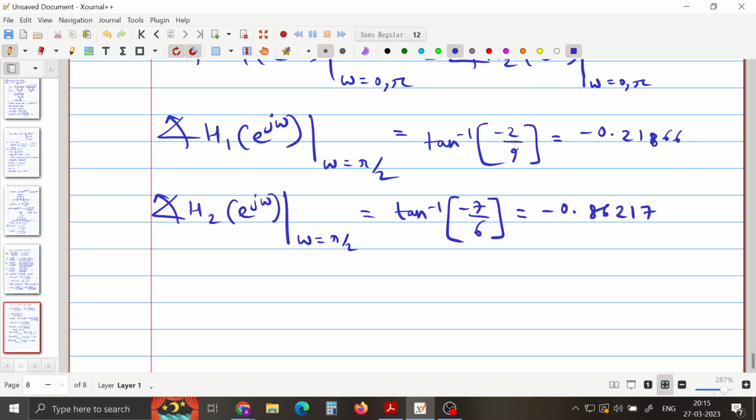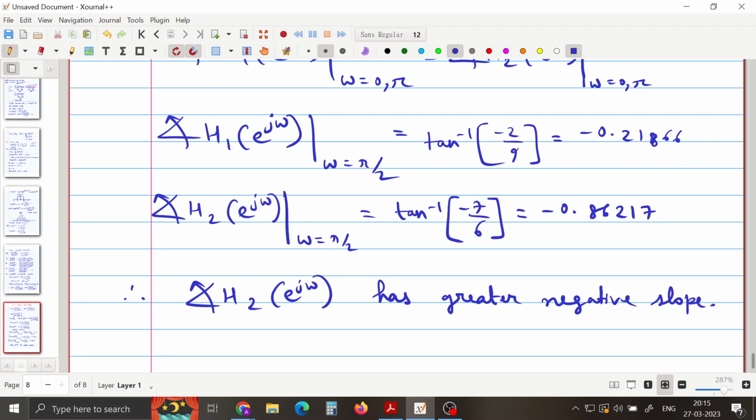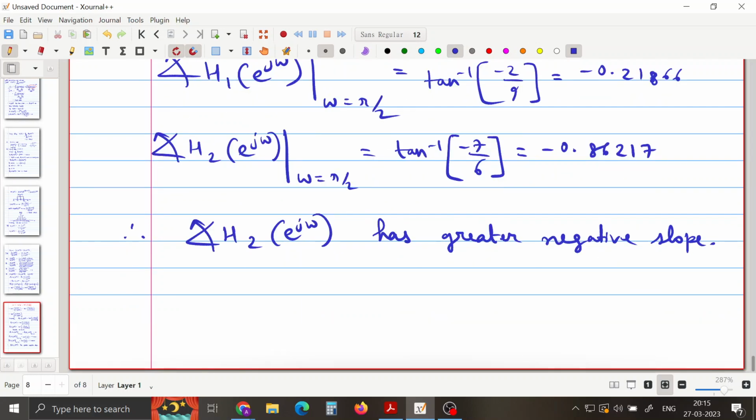So of course you can see that therefore this has greater, or not greater, I should say, more negative slope, that's what I'm trying to mean.